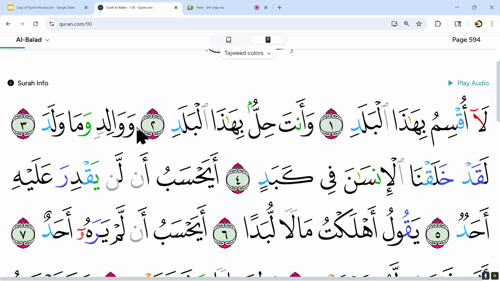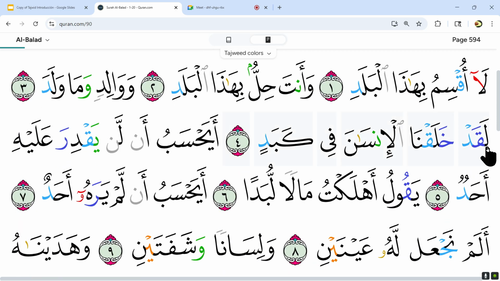So right here, idgham, the wow combines. لقد, the dal bounces. Instead of laqad, make it bounce. خلقنا. That was a very nice bounce. خلقنا الإنسان في كبد. Cancels out the noon right there, and then another qalqalah at the end.